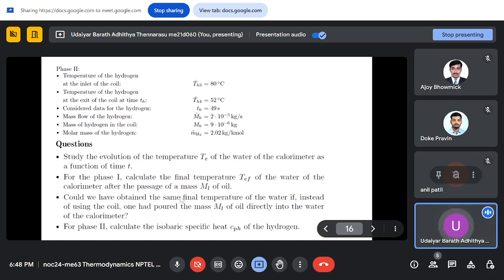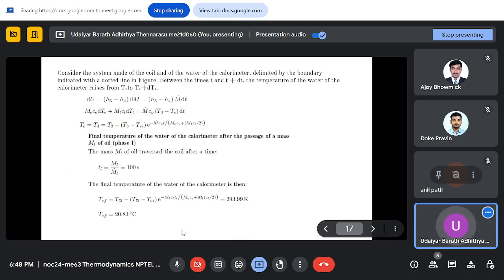Second, if instead of passing the oil through the coil, we pour the same mass of oil into the water directly, will we reach the same temperature? That is the second part. And for phase 2, you need to find the Cp of hydrogen. So we'll see how to solve this.